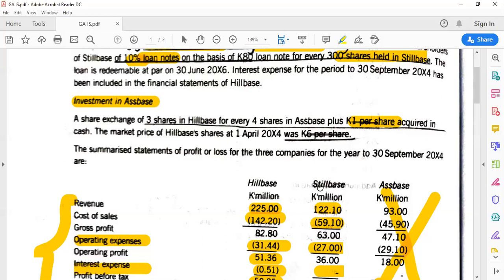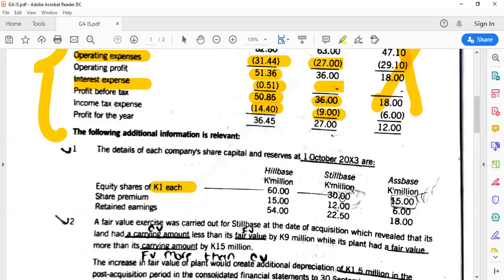Have you seen? So here, what do we do? How do we know the percentage? So let's find out the number of shares that they acquired for us to know the percentage. Look at the number of shares in ASBase. ASBase had how many shares? 15 million shares.